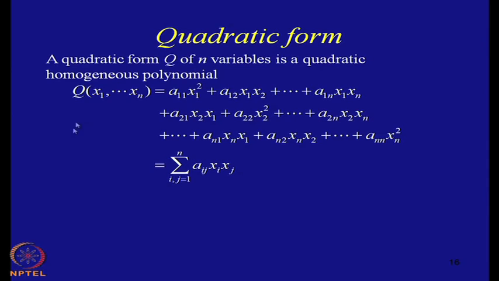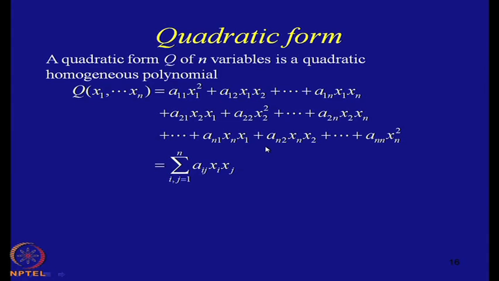This quadratic polynomial is very much related to our sufficient condition for unconstrained several variable optimization, because whether the extreme point is minimum or maximum is fully dependent on the sign of the quadratic form. If the sign of the quadratic form is positive, then the corresponding extreme point gives us the relative minimum value.